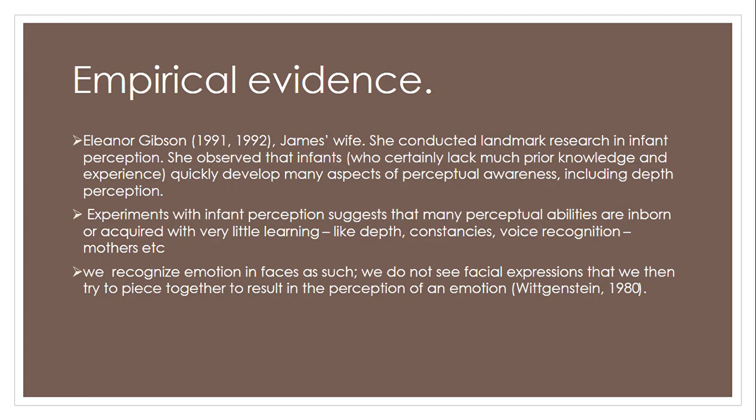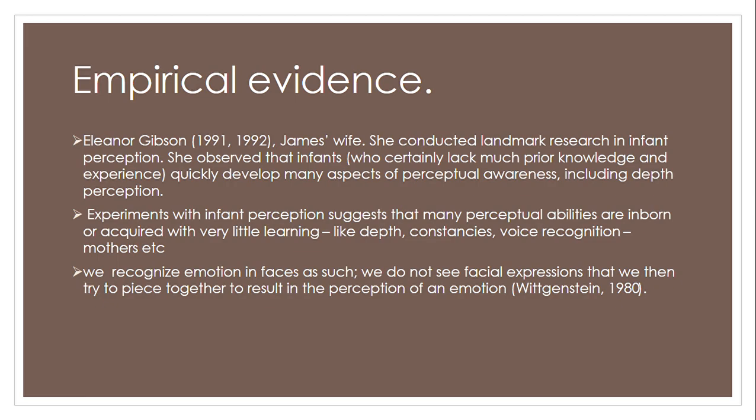So, how did these infants develop this perceptual awareness that it's a cliff and it's dangerous? The only explanation is that these abilities are inborn and the human brain is wired to perceive contextual cues to judge the environment around them, because these infants do not have much experience of depth cues. They had just started crawling.